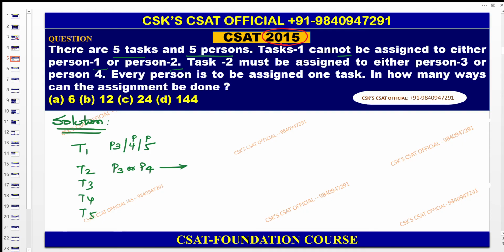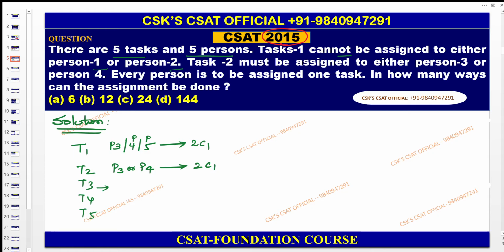To complete task 2, how many ways are there? 2C1. Among these 2 people, 1 is going to complete this one. Suppose 1 completed here, so 1 is present here. Then here also 2C1. So now 2 tasks are completed.